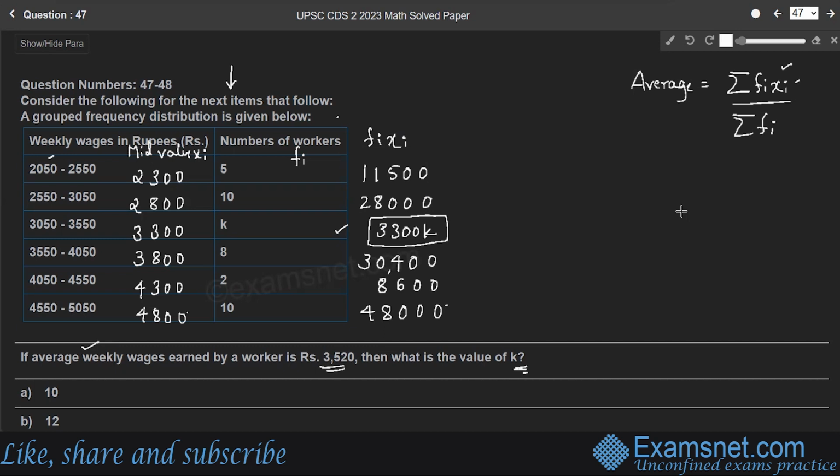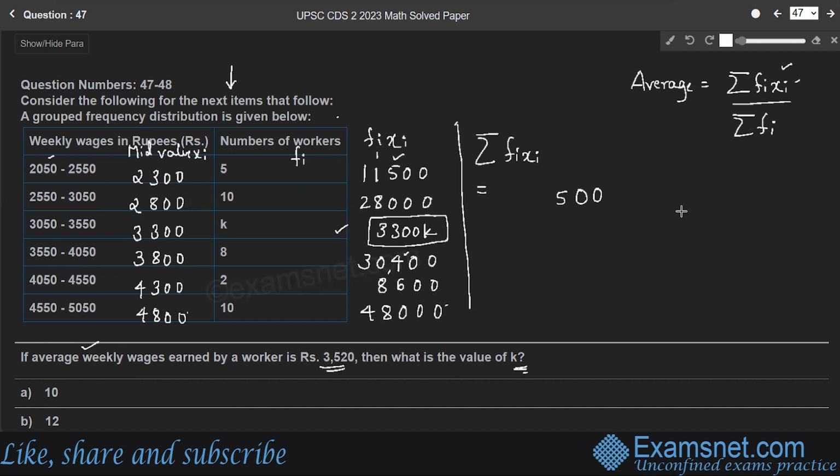Therefore, for sigma FiXi, we'll consider the summation of FiXi. Add all the values. In the units place, we have zeros. In the tens place also, we have zeros. And in the hundreds place, we have 5. 4 plus 4, 9 plus 6, 15 plus 0, 15.